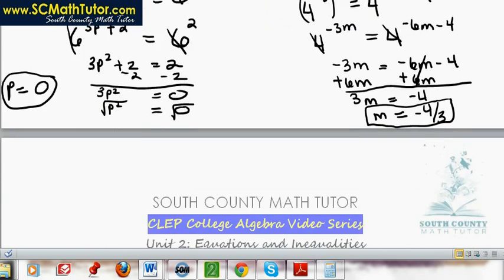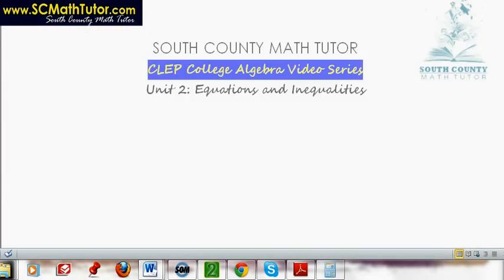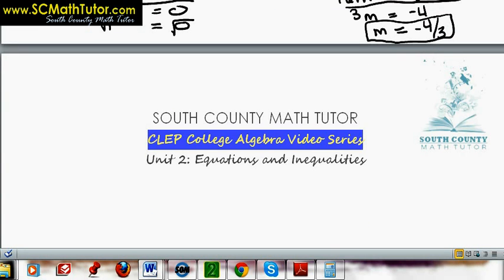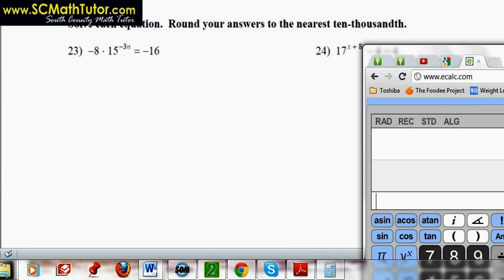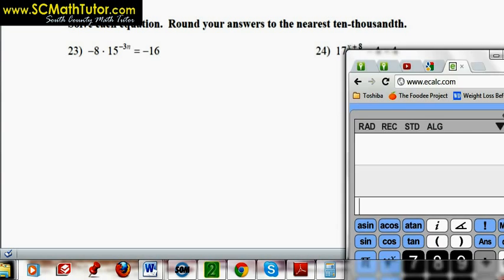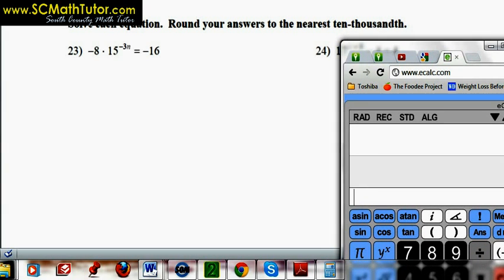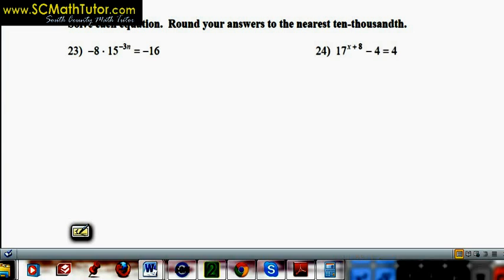Excellent. So that's that. Okay, so there are a few more problems that I would like for us to address. This one says solve each equation, and it wants us to round to the nearest 10/100. Actually, let's round to 2 decimal places.